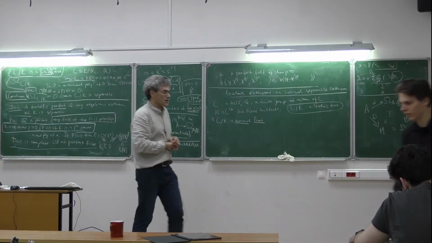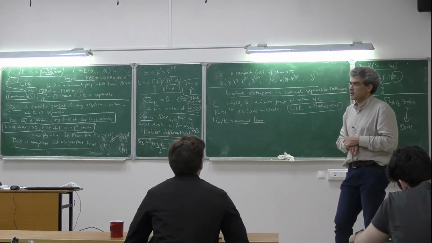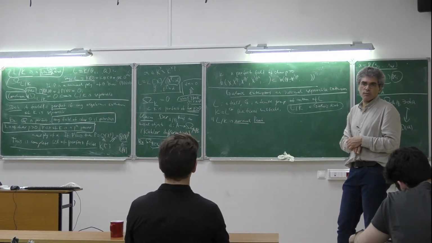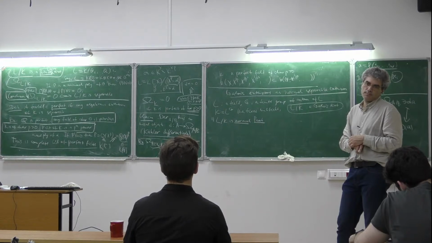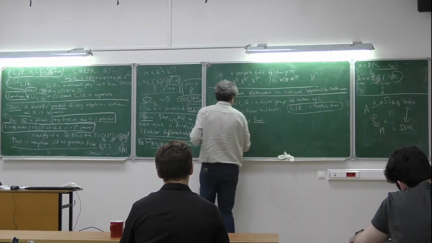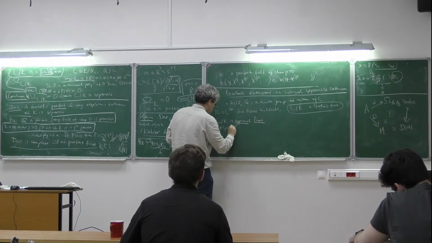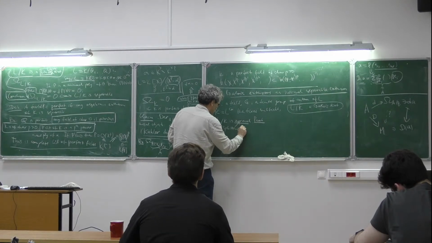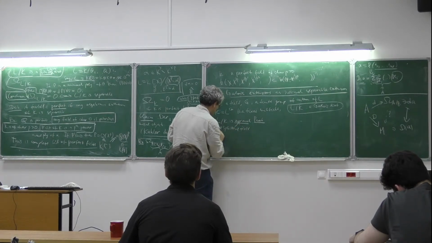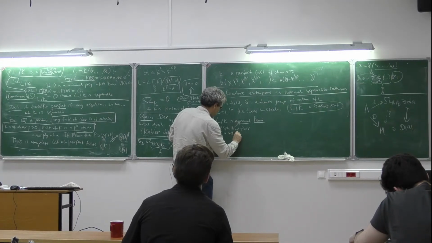A normal extension is a splitting field of a certain collection of polynomials. Thank you. Normal: splitting field of a collection of polynomials.